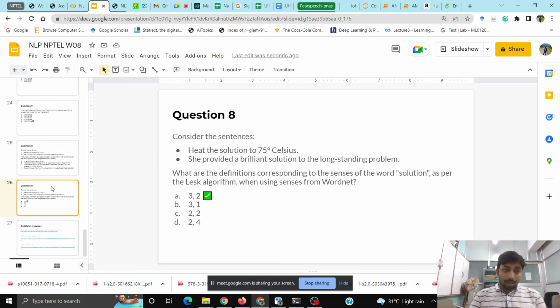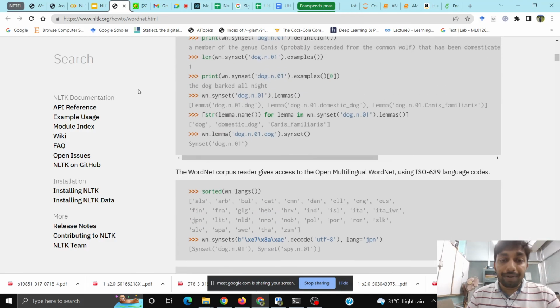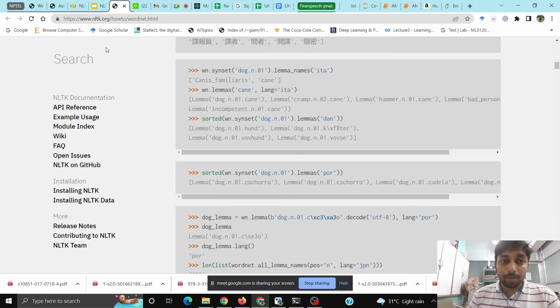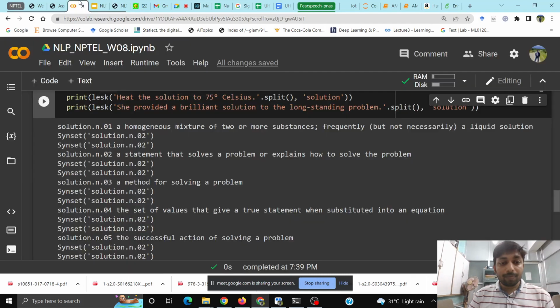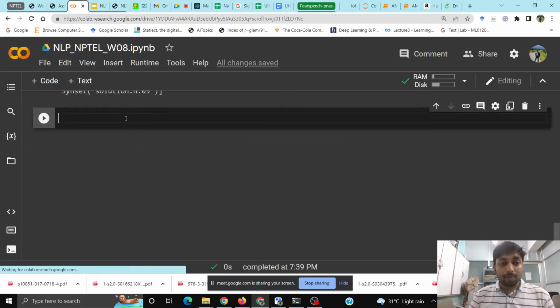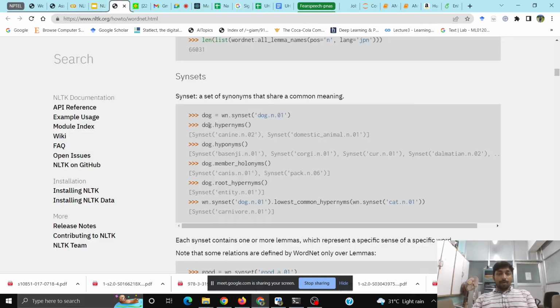So this is the last question that we're going to do. Now let us look at the NLTK WordNet for a bit, because that is interesting. Let us try with this one. We are having this first sense of dog. Now we want to know what are the hypernyms of dog.